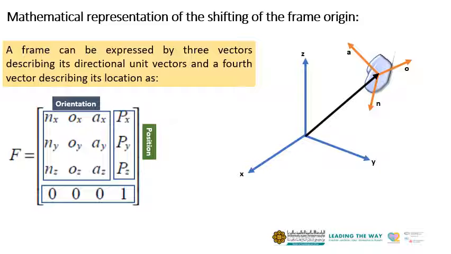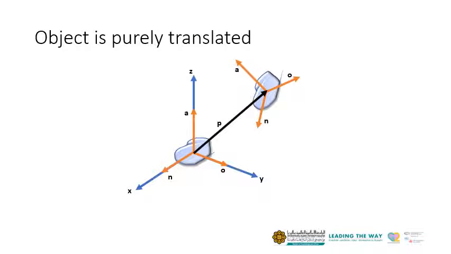Now, we also have seen in the earlier lecture that, let's say, this object has been translated to another place without disorienting it further. In that case, we will have this object translated here by a vector D, but NOA is still the same as the previous NOA, so we can mathematically write down this translation matrix as follows.